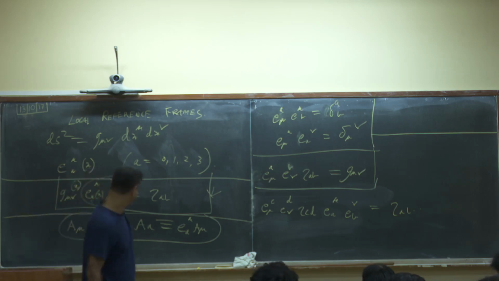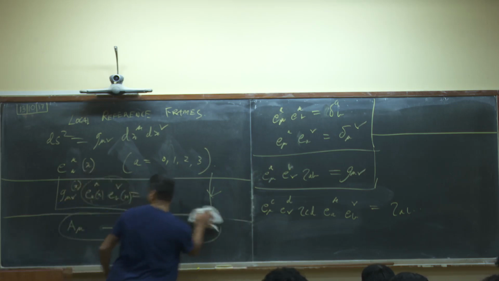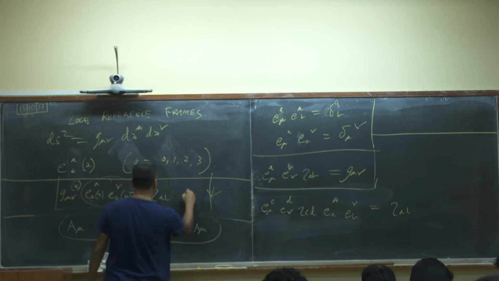Okay, so that equation of the definition, yes. On both sides we multiply. This is a good way. E xi mu and E eta mu. Okay, let me multiply. E xi mu, E eta mu.